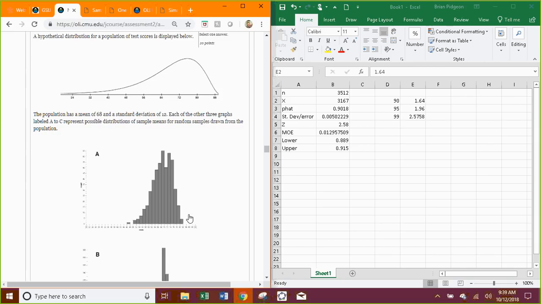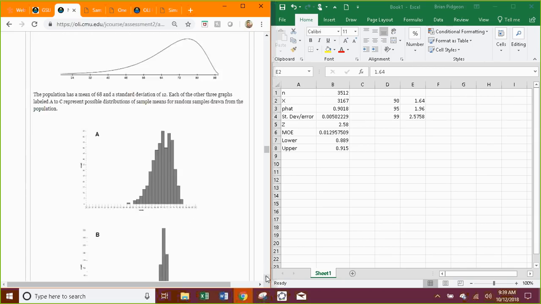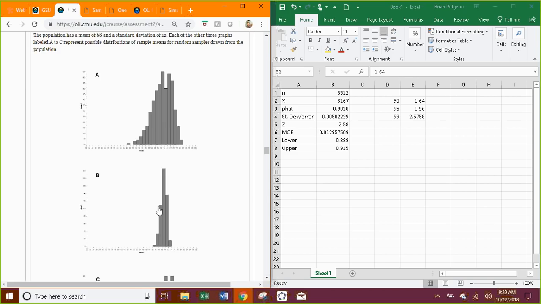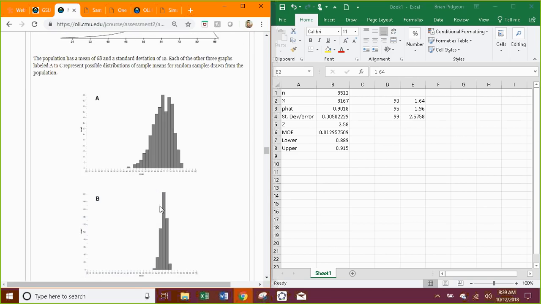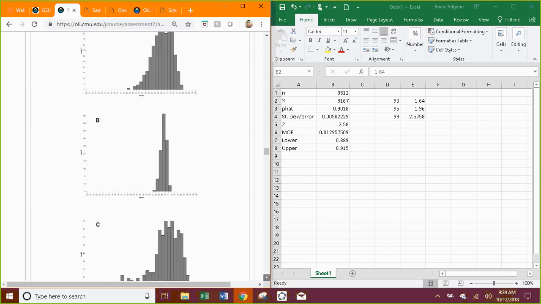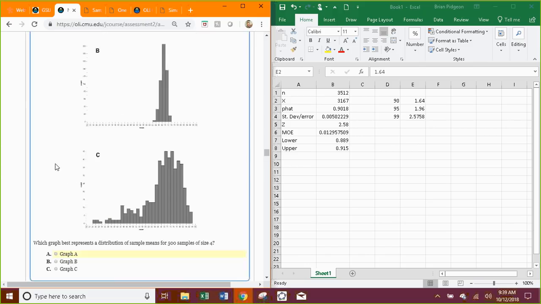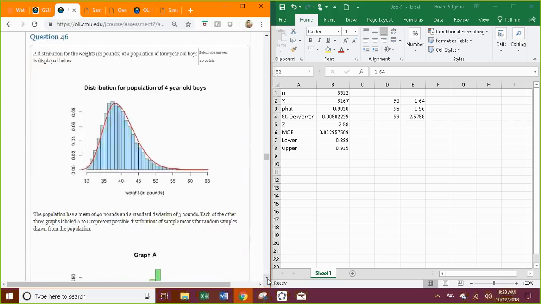But because our sample size is so small, it's still going to display those characteristics of the population. In other words, it's still going to be skewed. So letter B here means our sample size is probably at least 30. So I'm going to say that because it's a sample size of 4, it has less variability than the population, but it's still going to display those common characteristics. So it's going to be graph A.